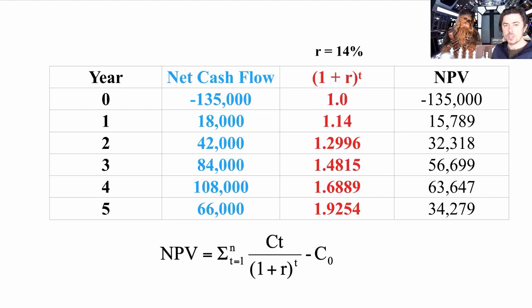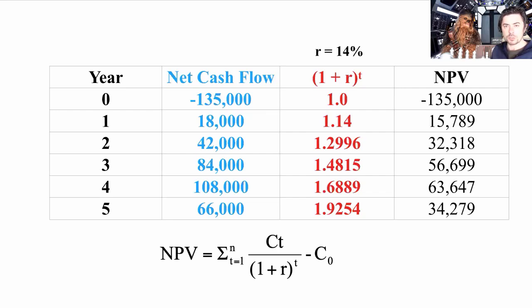Those blue figures are my C values that are going to be in the formula. The red there, the 1 plus r to the power of time, that, if you recall, is your denominator in the formula. Here, as I said, r is 14%. So that's going to be 1 plus 0.14 to the power of time.